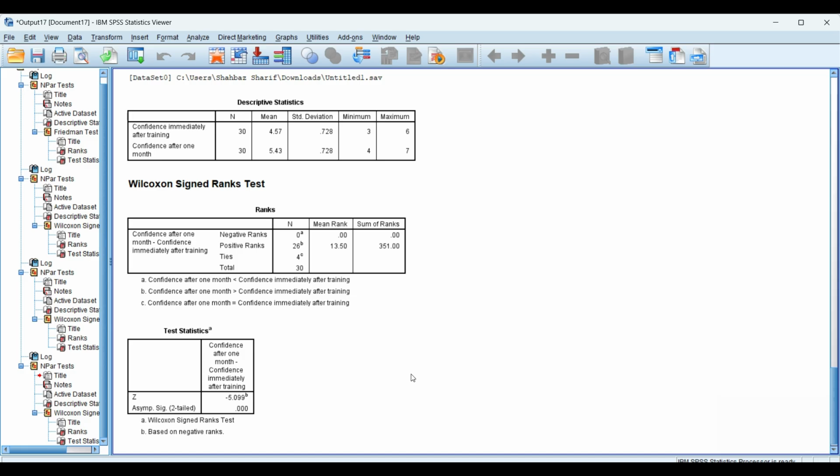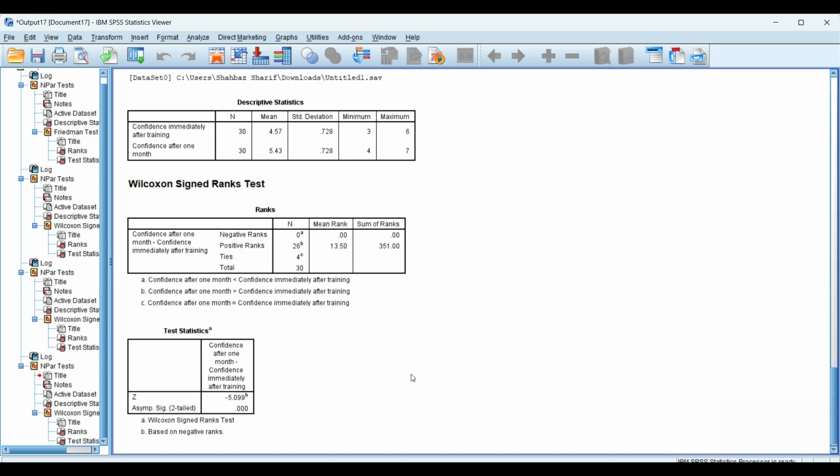So if we conclude the overall results in one line, we can say that digital confidence increased significantly from baseline to immediately after training, and immediately after training to after 1 month. Confidence was lowest at baseline, higher immediately after training, and highest after 1 month.